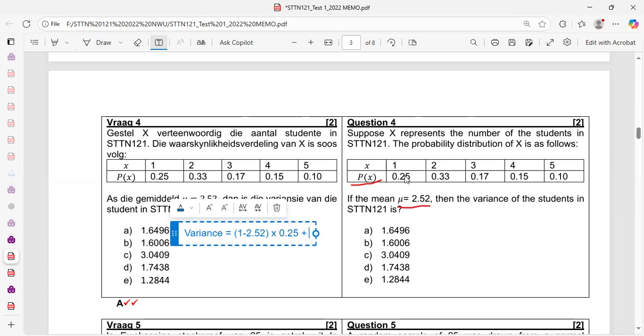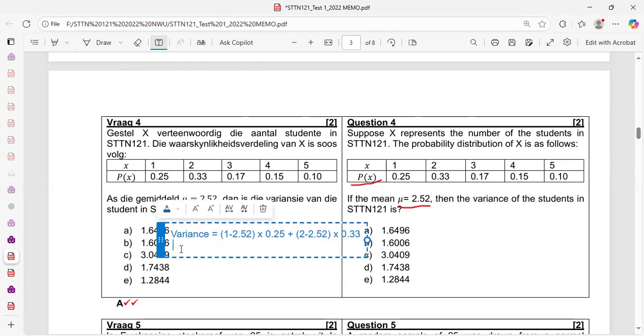We are done with the one for 1. We move to the one for 2. So now it's going to be 2 minus 2.52, close bracket, to the power 2, multiply by 0.33, which corresponds with 2. Then I can just do it like this. Okay, now we are done with that one. But let me just put it here.